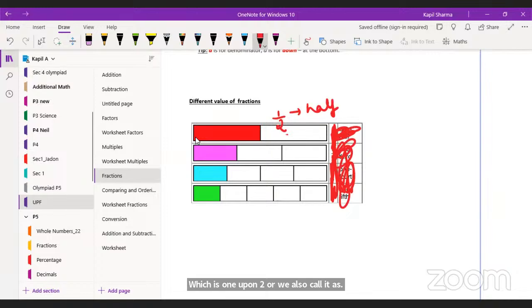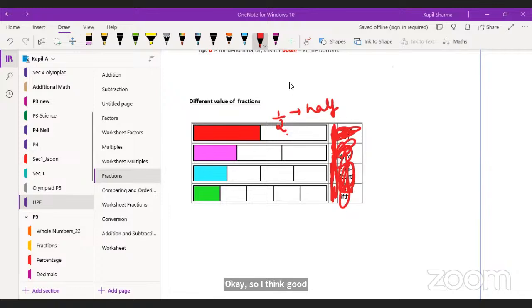What about the second one? Parth? Parth, Neha? What's the fraction which this region represents? Okay, that's good.